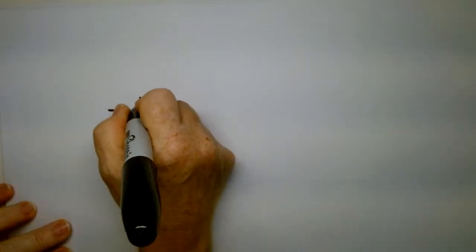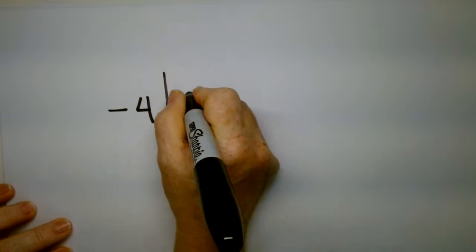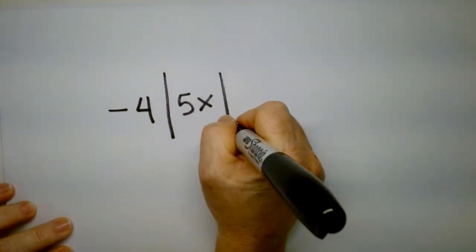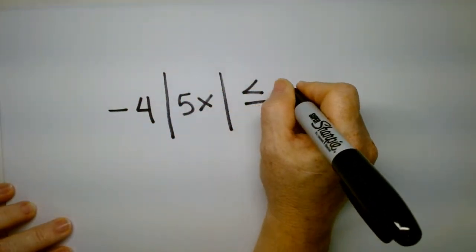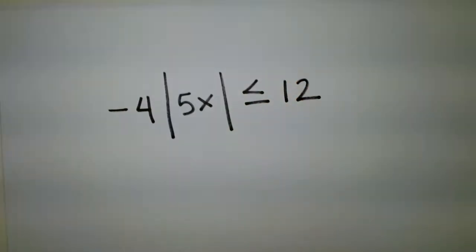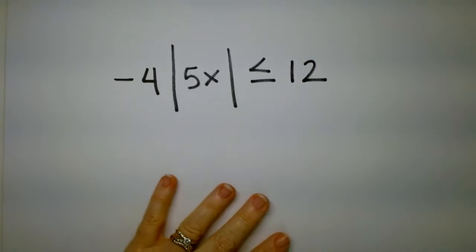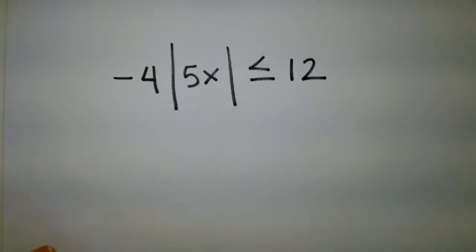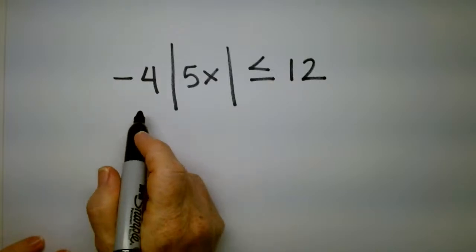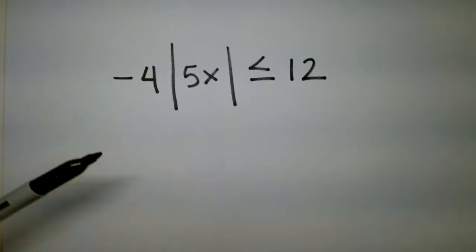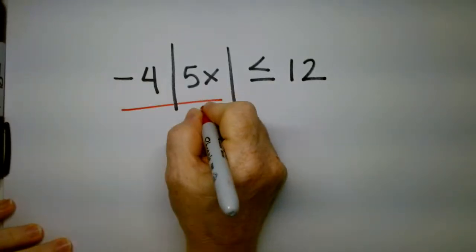Let's say I've got a minus 4, and this is a 5x is less than or equal to 12. Okay, so we have a lot going on with this problem, right? So the first thing we're going to do is divide by a negative number.